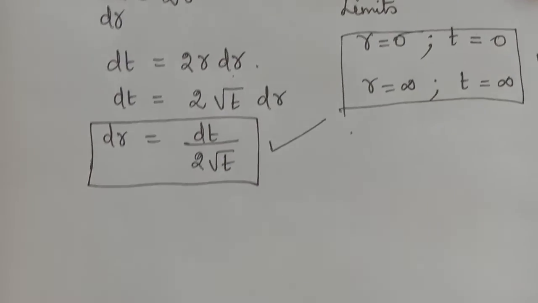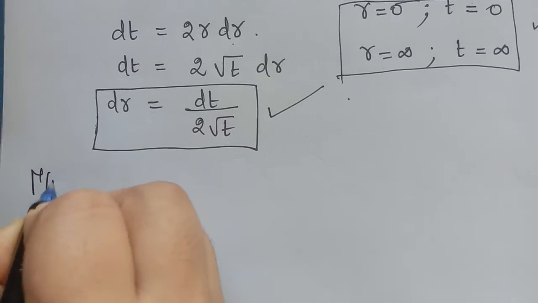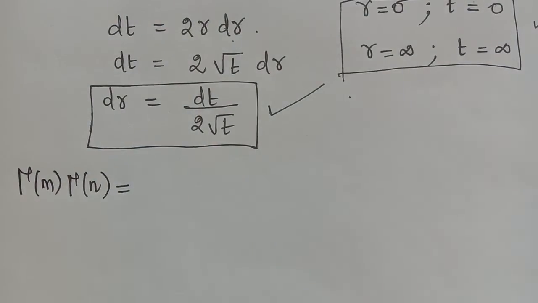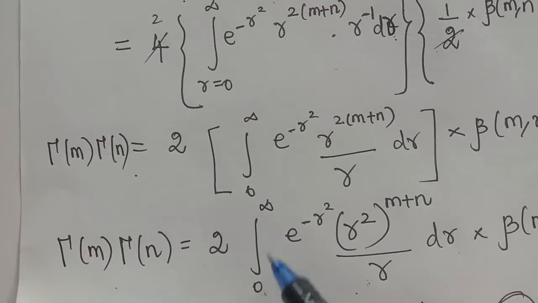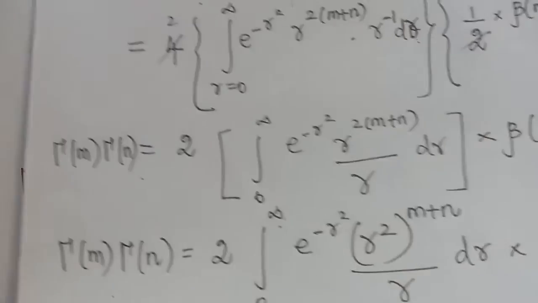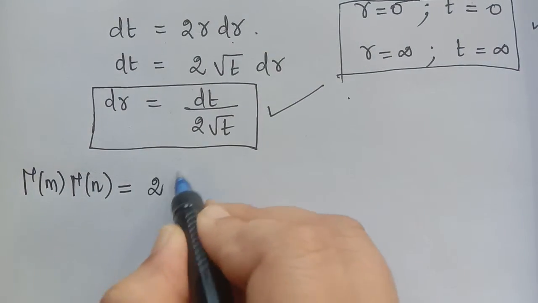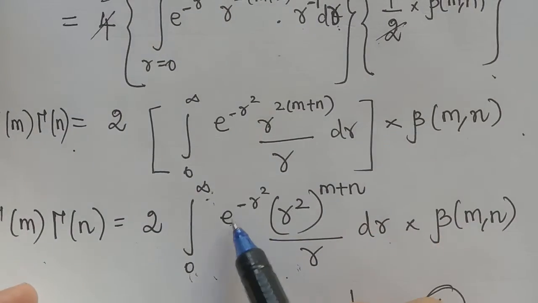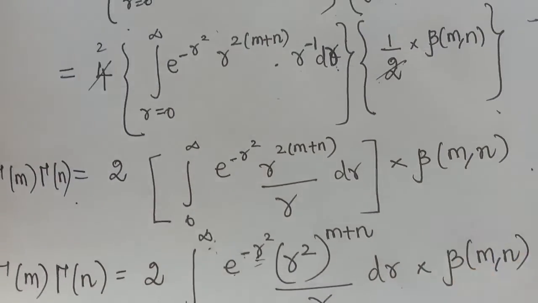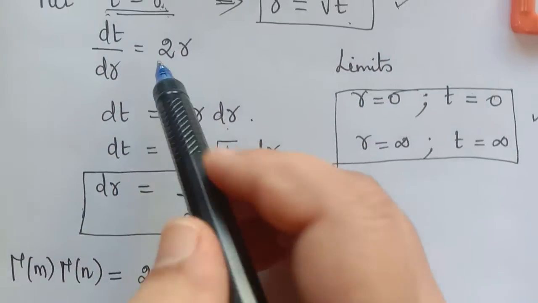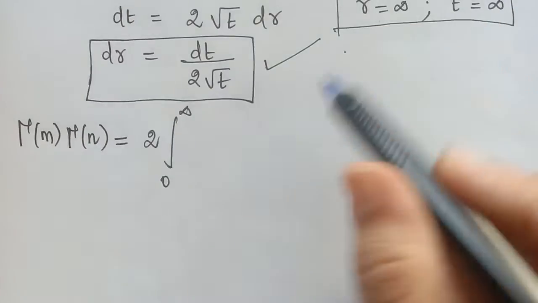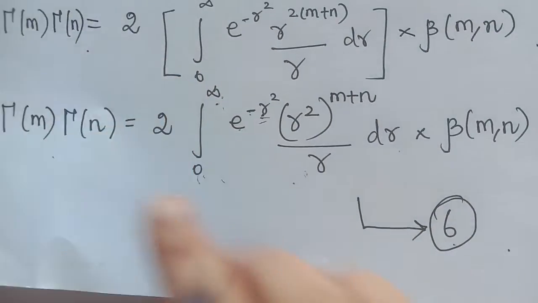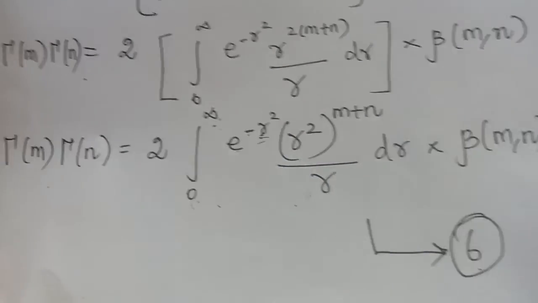So we will be getting gamma of m multiplied with gamma of n to be equal to, now if you see, you have twice integral 0 to infinity. The limits are remaining the same. After that we have e to the power minus r square. But what is r square? We have made the substitution as t. So e to the power minus t multiplied with, you have r square to the power m plus n. R square is t.